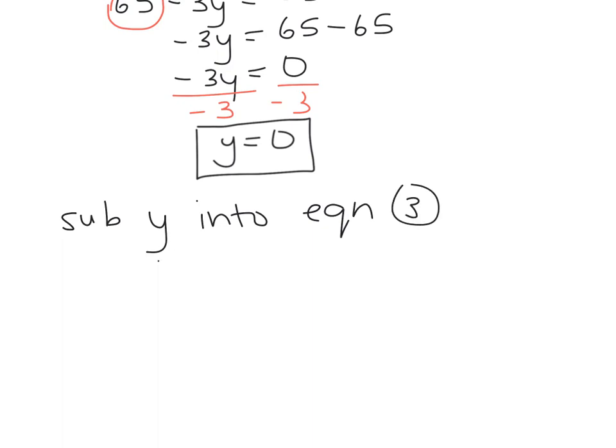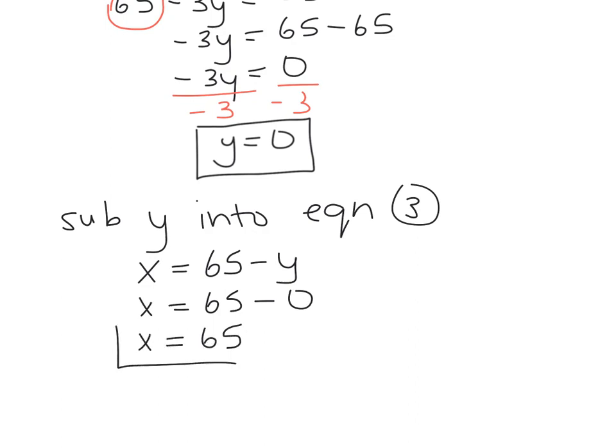And so equation number 3 was x is equal to 65 minus y. And so 65 minus 0 is just 65. So we have our answers for x and y. X is equal to 65 and y is equal to 0.